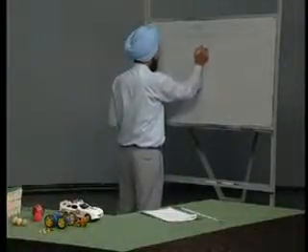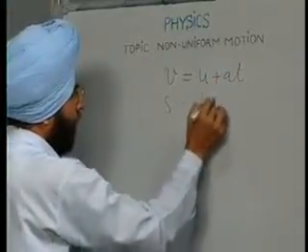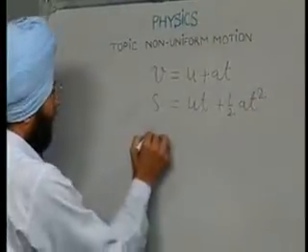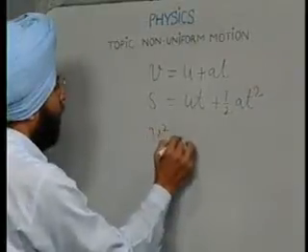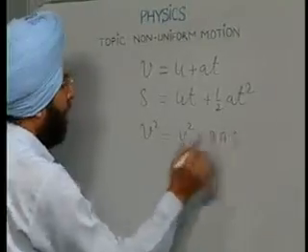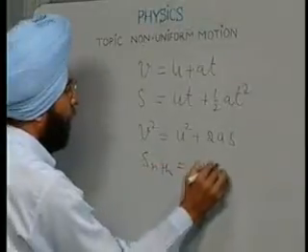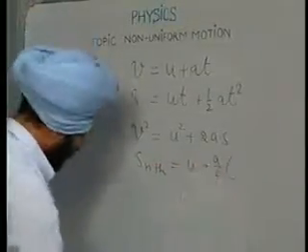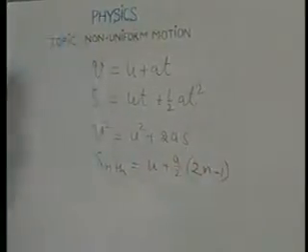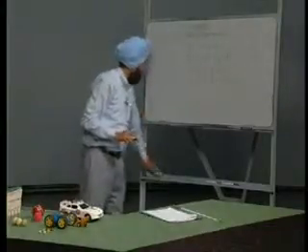V is equal to u plus at, S is equal to ut plus half at square, V square is equal to u square plus 2 as, S nth is equal to u plus a by 2 into 2n minus 1.